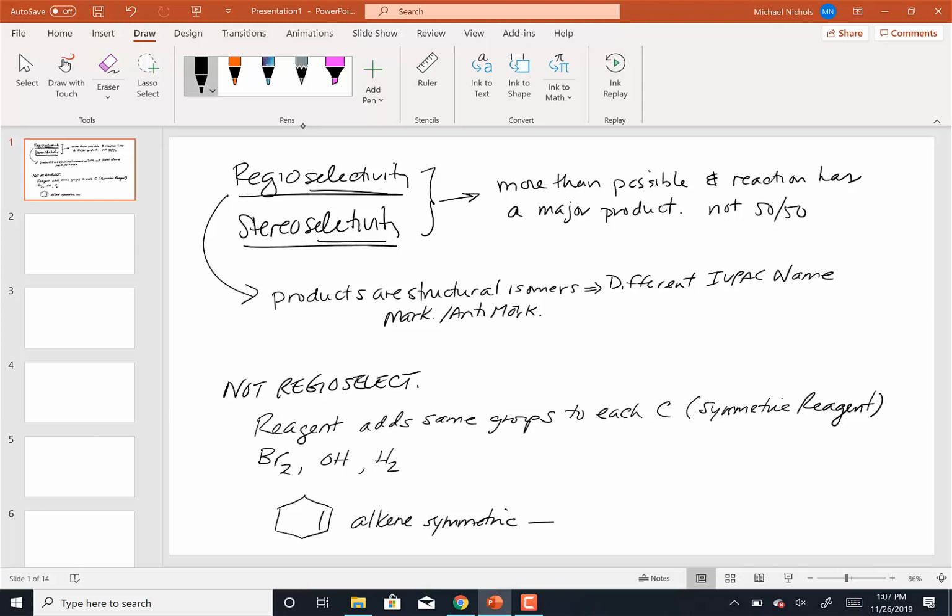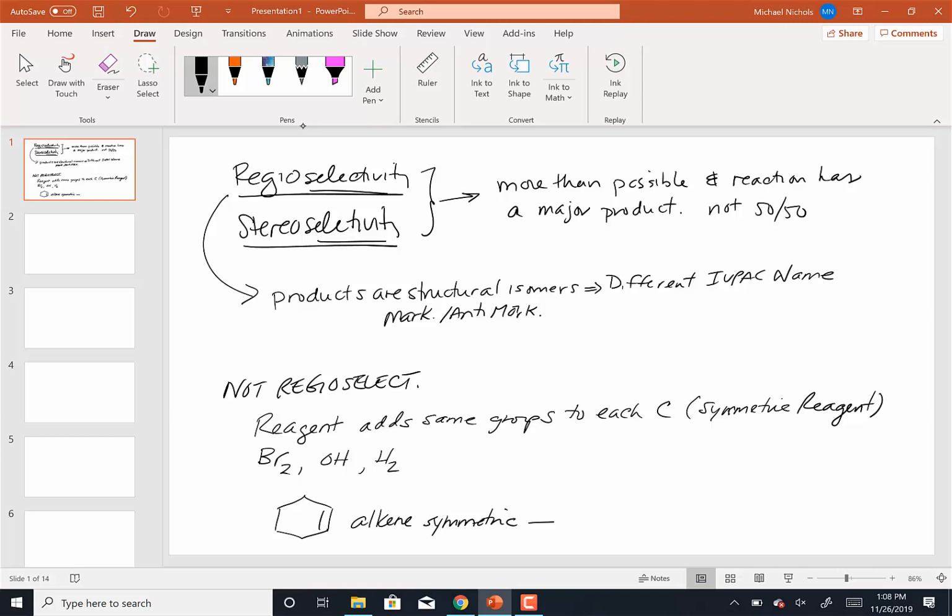Because if I'm adding an H and an OH to that double bond, it doesn't matter whether I add the H to the top and the OH to the bottom, or vice versa, simply because I'm going to get the same product either way. So when you have a symmetrical alkene, it will not be regioselective, regardless of the reagent that you're using.